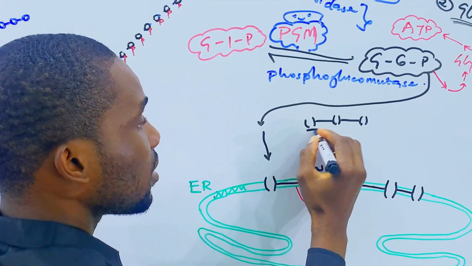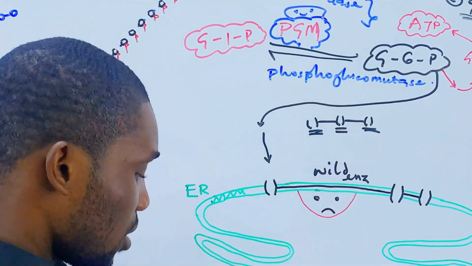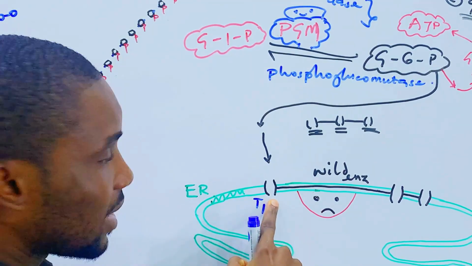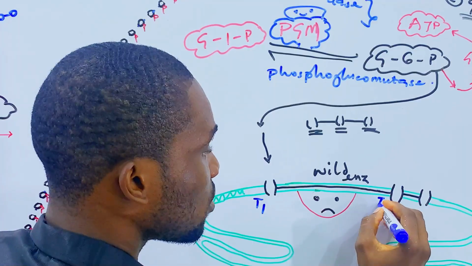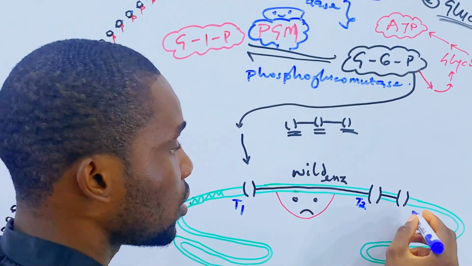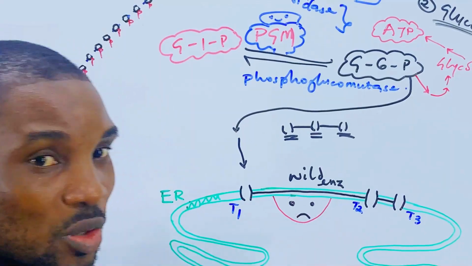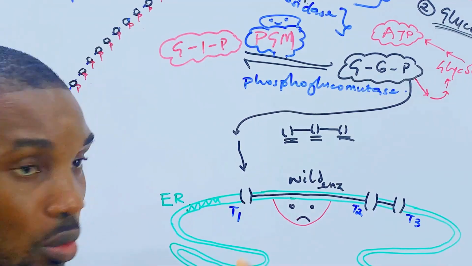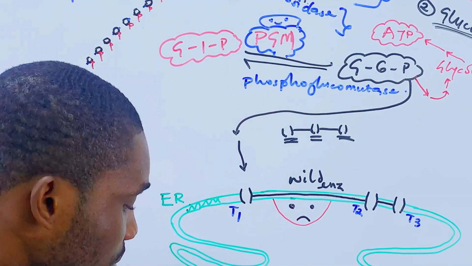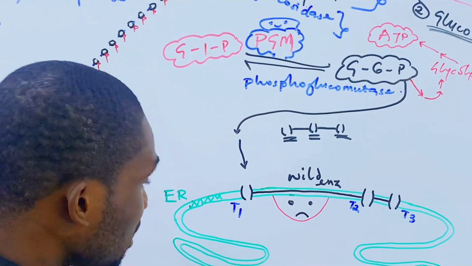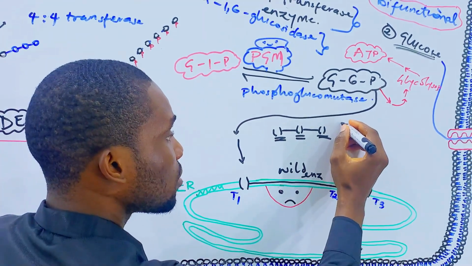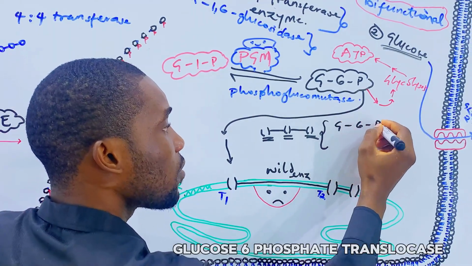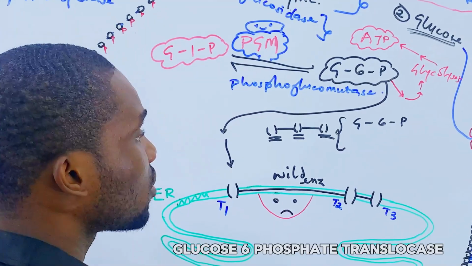So it has 3 components. The first one we'll call T1, this one, that is linked to the next one called T2, which is linked to the next one called T3. It's important you know this because there are some diseases that affect each of them, right? So we'll talk about that in the next lecture. Now, this complex of transporter is called something. What's the name of this transporter? It's called glucose 6 phosphate what? Translocase.